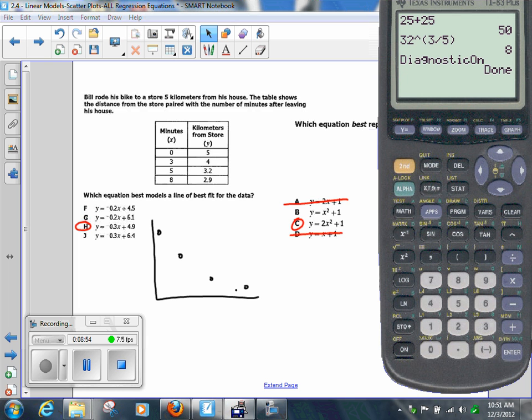Well, if I'm given all linear equations here, then I've got to figure out which one's going to best fit my plot. So if I put that first one, negative 0.2x plus, do you see 4.5 there?